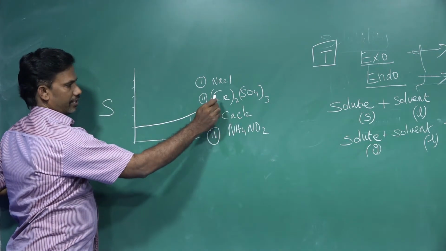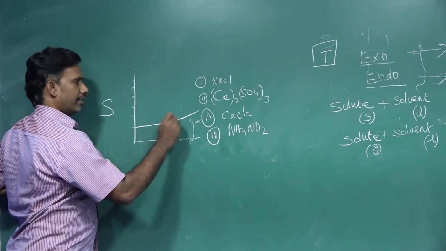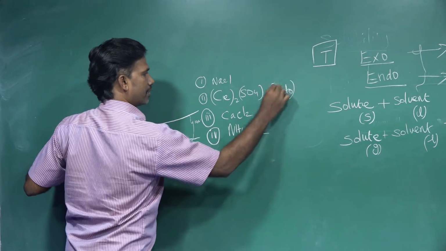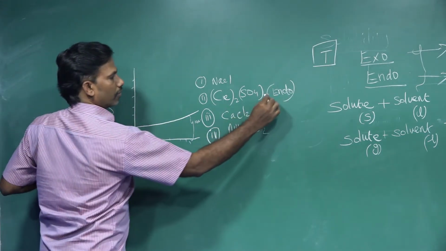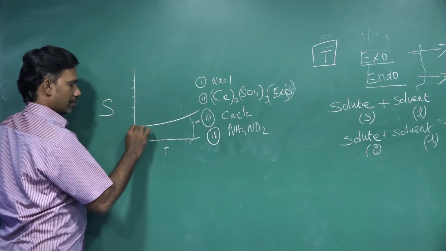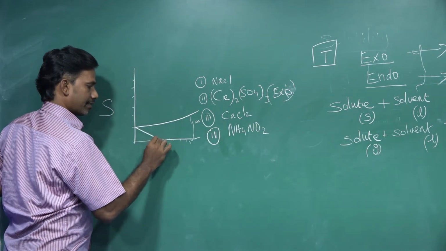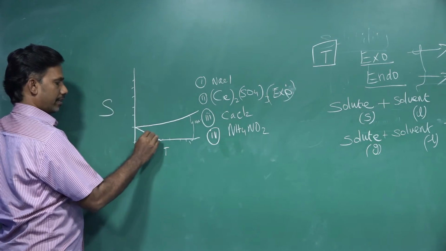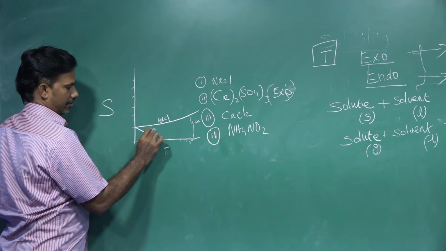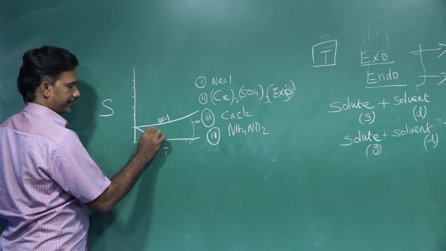Whereas ceric sulfate, sorry, this is an exothermic process. There is a sudden decrease: when the temperature increases, solubility decreases. This is NaCl, and this is ceric sulfate.